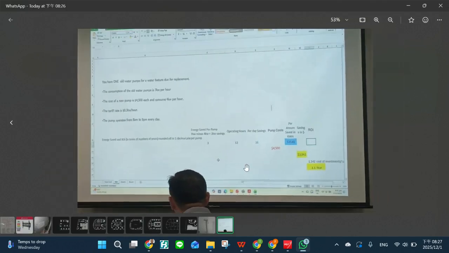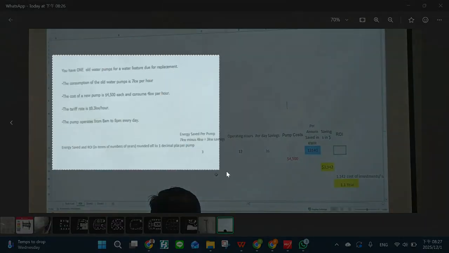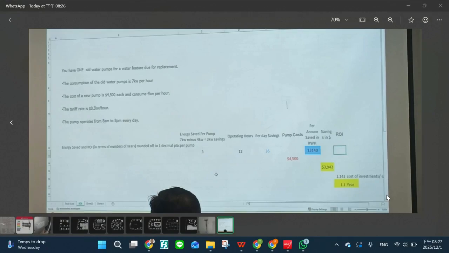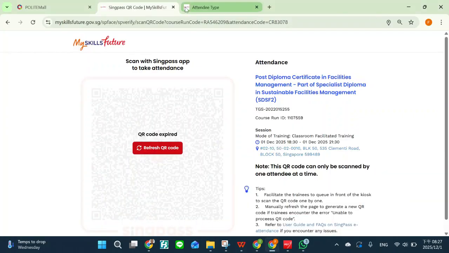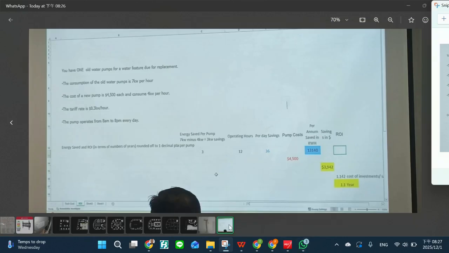So we have all this information. In real life, it's not so clear cut. You may not know the power consumption of your pump, and your pump will not run all day. Maybe there will be some off day or servicing where the pump is not working. But let's assume all this for the purpose of computation.